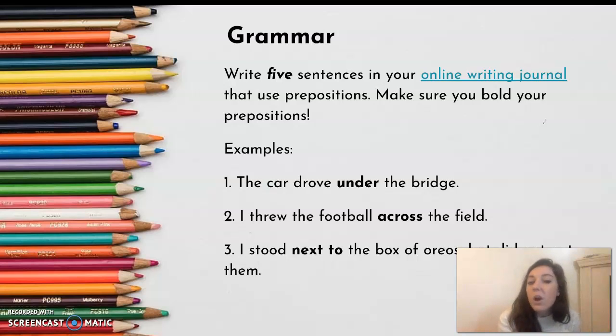My examples are: the car drove under the bridge, so under is my preposition. I threw the football across the field, across is the preposition here. And I stood next to the box of Oreos, but did not eat them. So next to would be the preposition in that sentence.